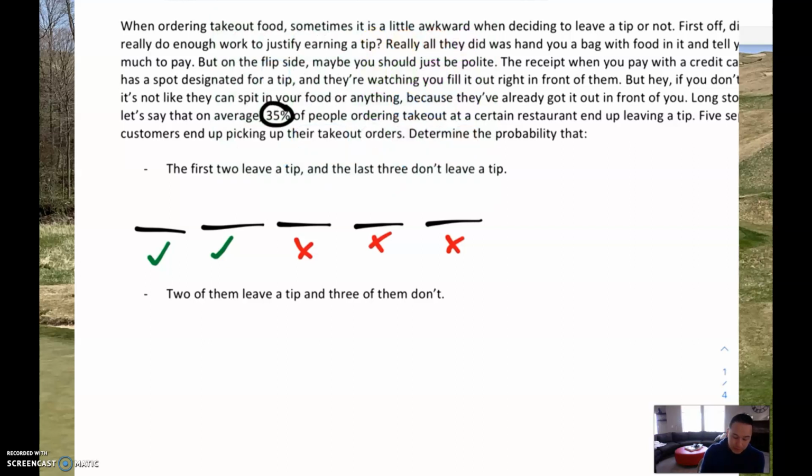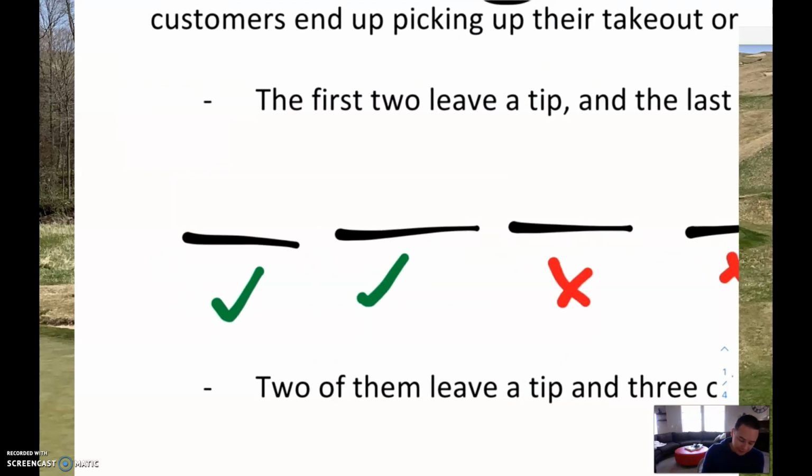We do know from the information in the problem that 35% of the people leave a tip. So the chance that this first person leaves a tip is 35%, 0.35. Now they're going to eat their food, and a new customer is going to come in, completely independent of the other one. So the chance that they leave a tip is also going to be 35%.